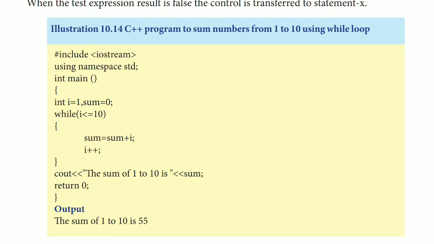This loop will keep on executing until it becomes 10. So 10 less than or equal to 10 condition is true, so the 10th iteration will also happen, and i plus plus, it will become 11 here. i value becomes 11 here, so 11 is less than or equal to 10, condition is false, then it will come out of the loop and print the value of the sum.